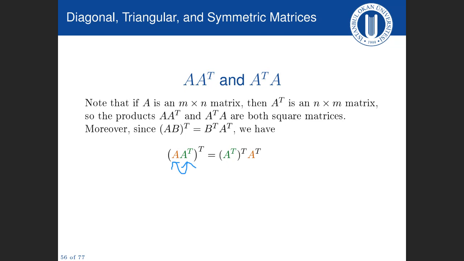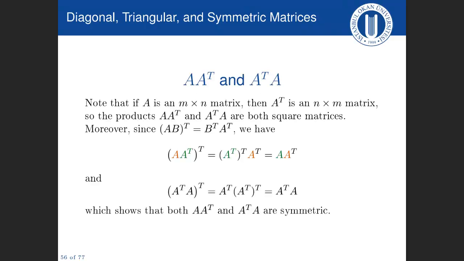So we get A transpose transpose multiplied by A transpose, which is just A A transpose. So A A transpose, and then take the transpose, we get exactly the same thing. That shows that A A transpose is symmetric. And similarly, the transpose of A transpose A is also A transpose A. So A transpose A is also symmetric.